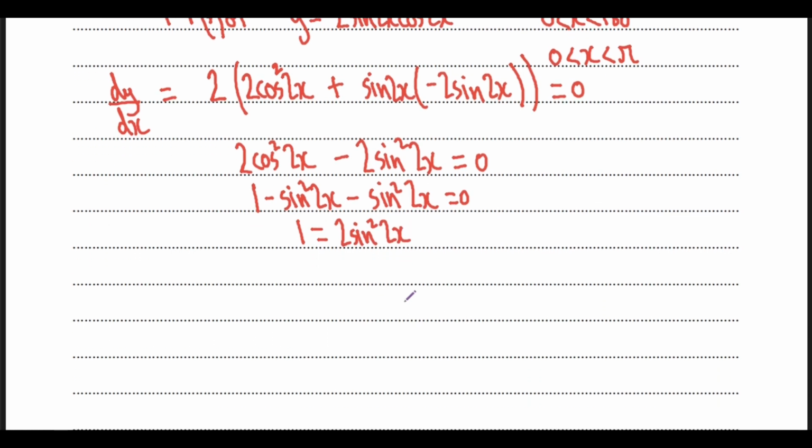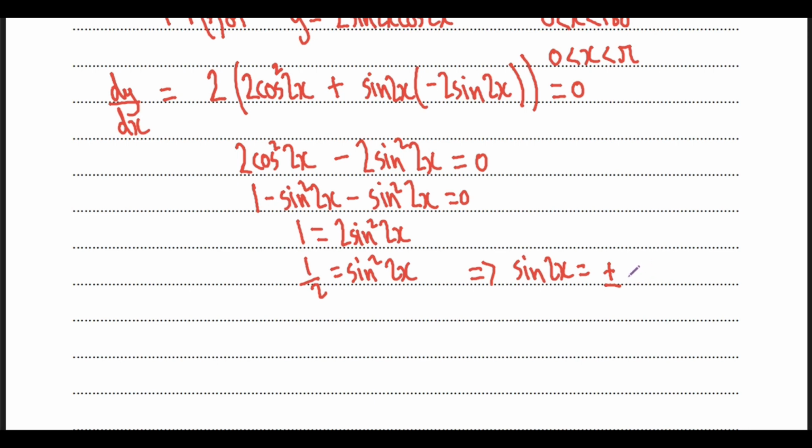Well, this is pretty simple to solve, so you're left with a half is equal to sine squared 2x. If you take the square root of both sides, then you're left with the sine of 2x is equal to plus or minus, of course, root 2 over 2. Let's write that better.